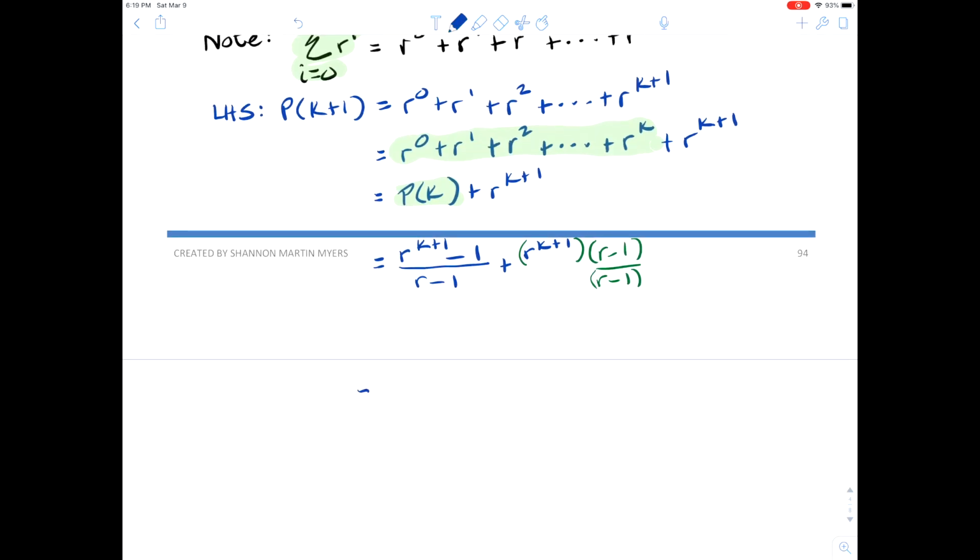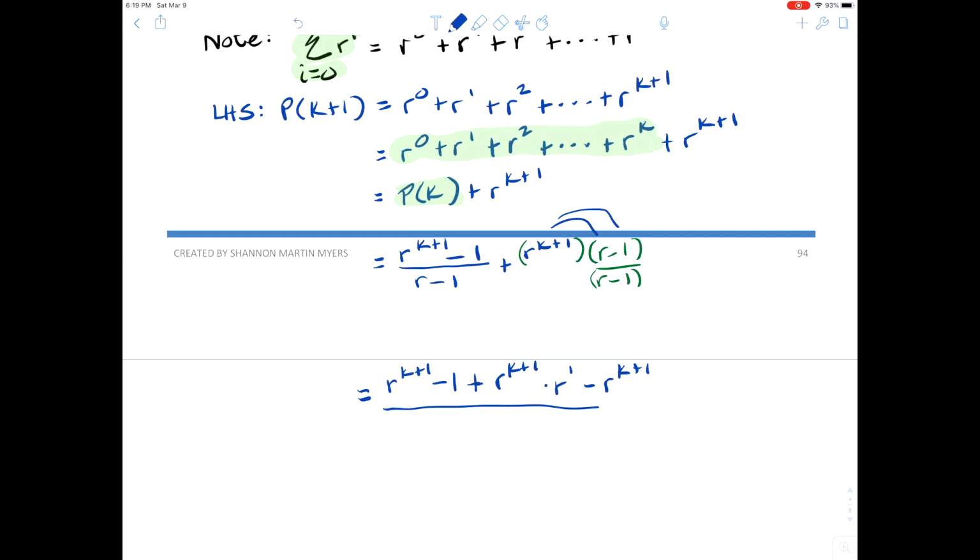So that's going to equal r to the k plus 1 minus 1 plus, distributing the r to the k plus 1 to both of those terms, r to the k plus 1 times r to the 1, and then minus r to the k plus 1.